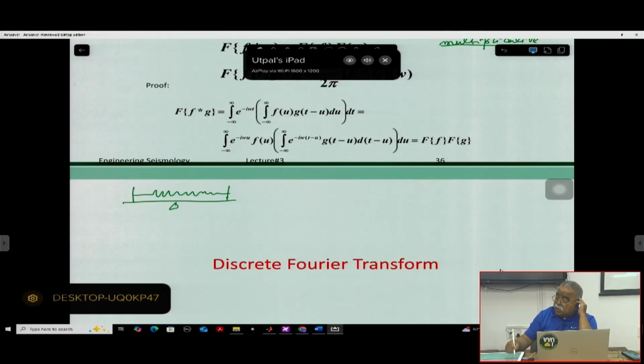Now this seismogram is the product of the source function. So this is your source. It is coming here, and then it has propagated through the path and then interacts with the machine, right? So all these three events, source, path, and the machine, in the time domain they all convolve with each other and produce this signal.